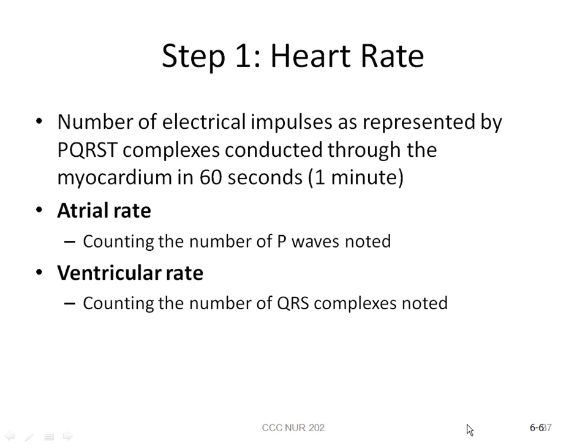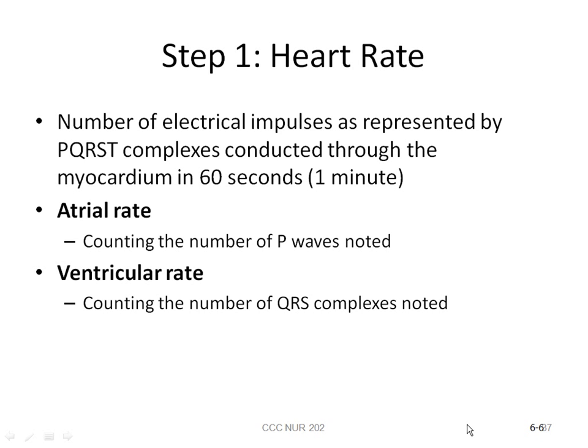Okay, so step one, the heart rate, okay? The way I want you guys to learn for basic rhythm strip recognition is basically count the number of P waves and the number of QRS complexes in that 6-second strip and multiply it by 10.